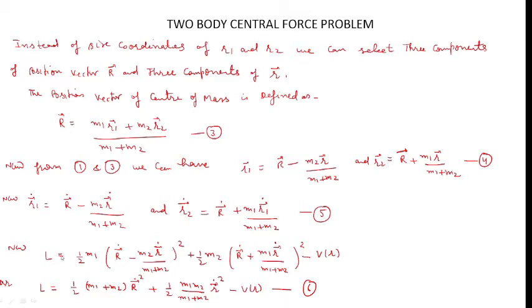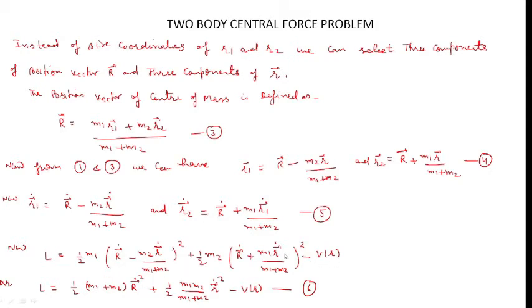Now the Lagrangian will be T minus V. So T will be 1 by 2 m1 times R dot minus m2 r dot upon m1 plus m2 whole square, plus 1 by 2 m2 times R dot plus m1 r dot upon m1 plus m2 whole square, minus V(r).